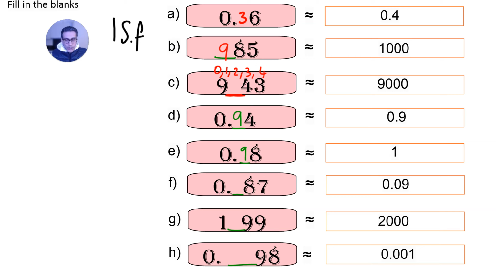F, 0.87 rounds to 0.09. Now let's have a think here. If it was 987, the decider would make this 1. So could it be 8? Well, let's think about this. If that's an 8 and you're rounding to the nearest 0.1, the decider is telling you to round up.